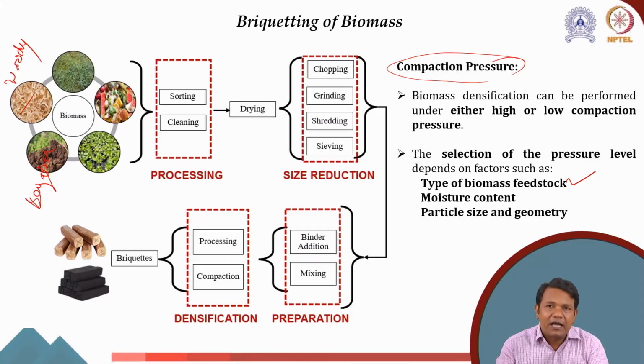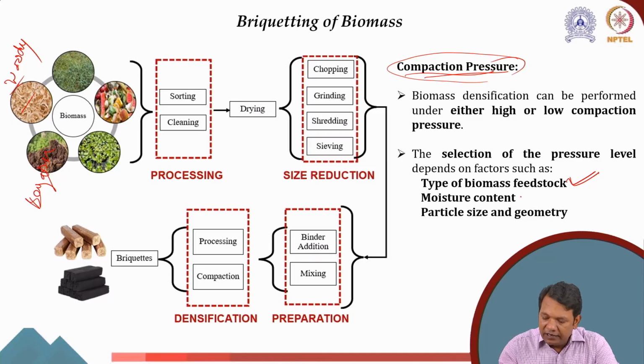Depending on what kind of biomass you have, their interparticle interaction will vary. So I can safely say that the compaction of those biomass particles depends on the type of biomass. Therefore, the selection of compaction pressure also depends on the type of biomass feedstock.